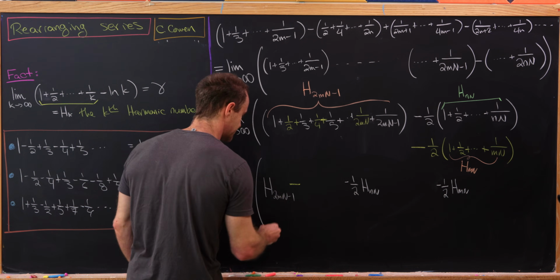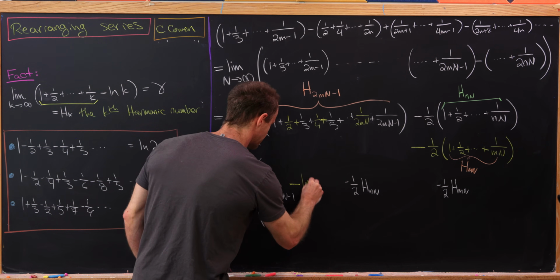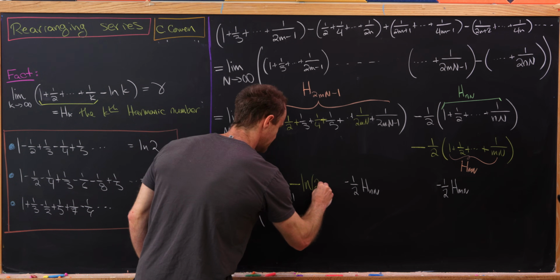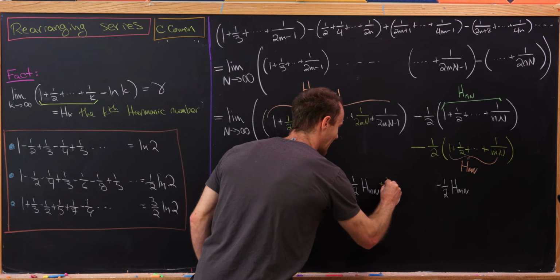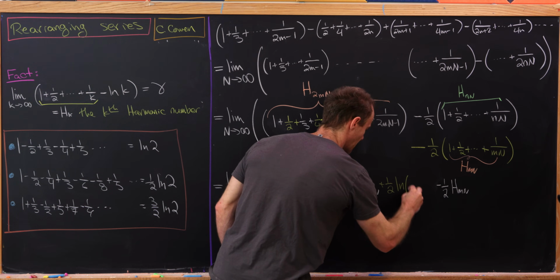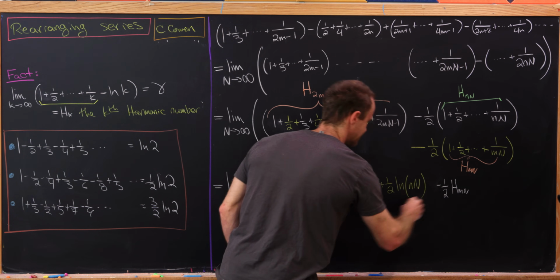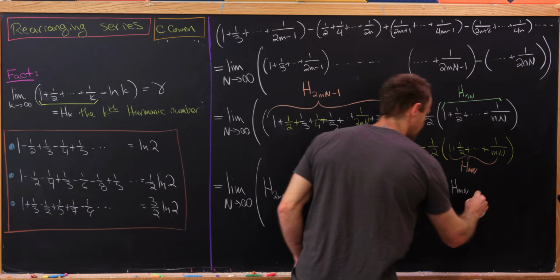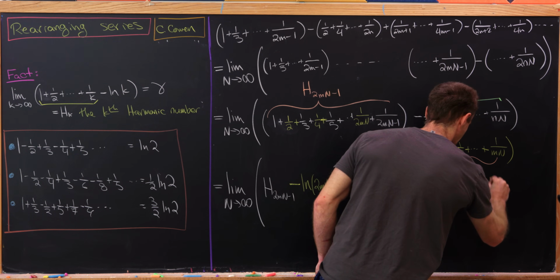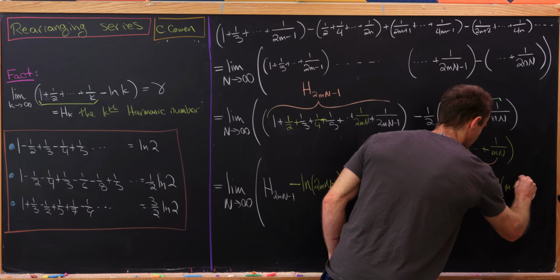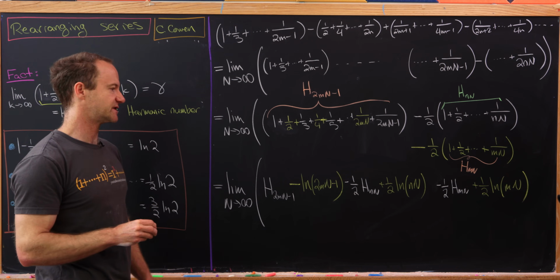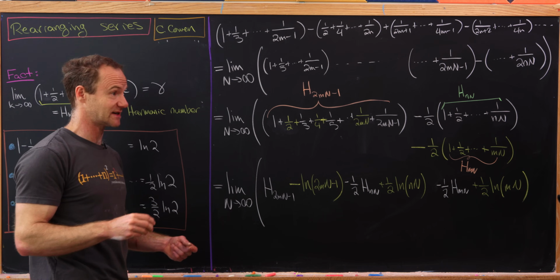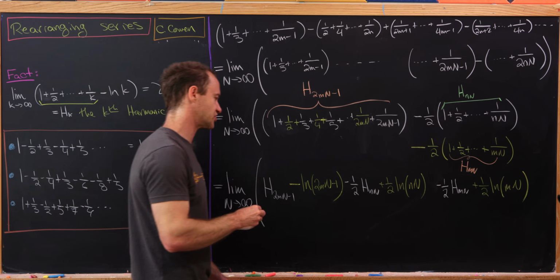So here I'll subtract the natural log of 2mn minus 1. And here I'll add in the natural log of little n times capital N. And then finally here I'll add in 1/2 the natural log of m times capital N. But now since I've added and subtracted those things in, I need to subtract and add them so that nothing changes.